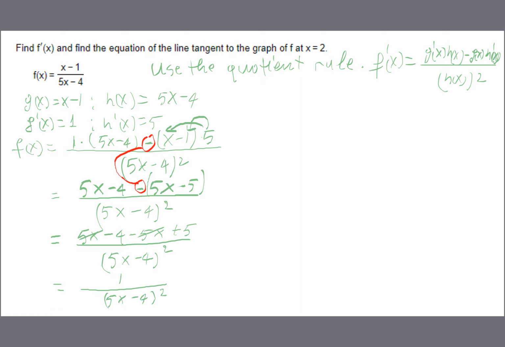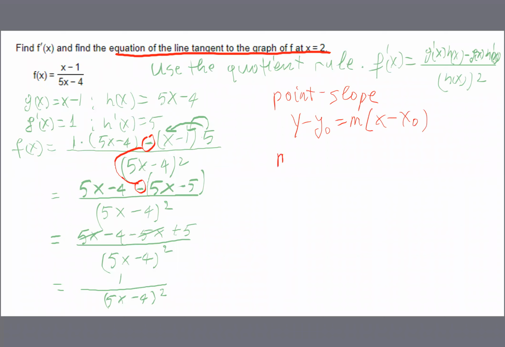Okay, so now we need to find the equation of the line tangent to the graph. So to find the equation of the line, we're going to use point slope, and that is y minus y0 equals m times x minus x0, where m is the slope, and that is f prime of 2, because we want to find the equation of the tangent line at the point when x is 2.